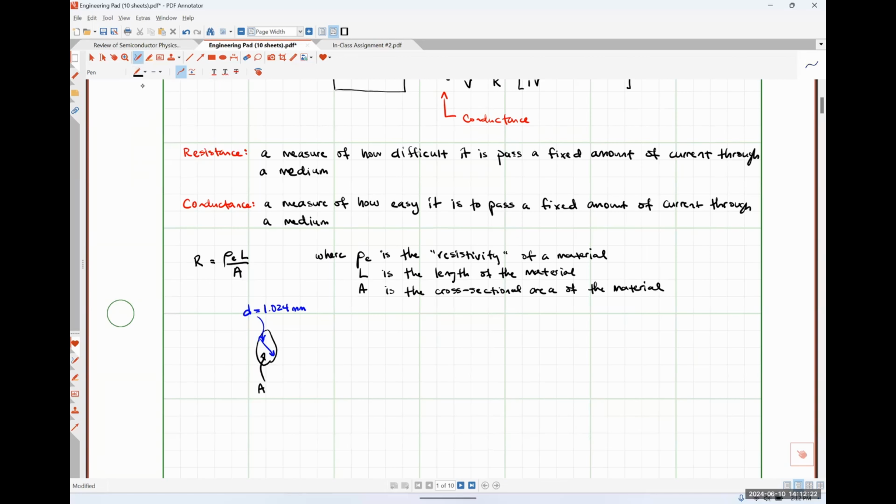And let's say that this wire has an overall length measured from here to here of 10 meters.